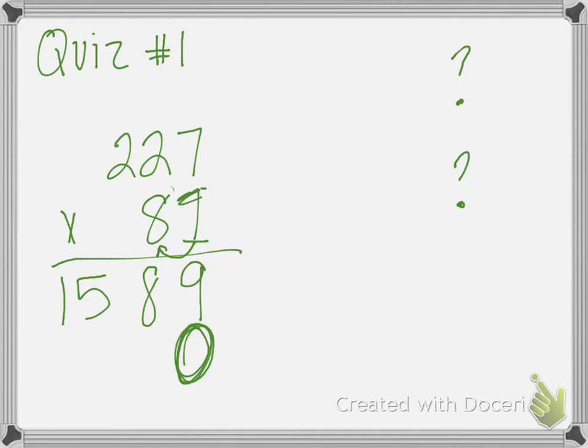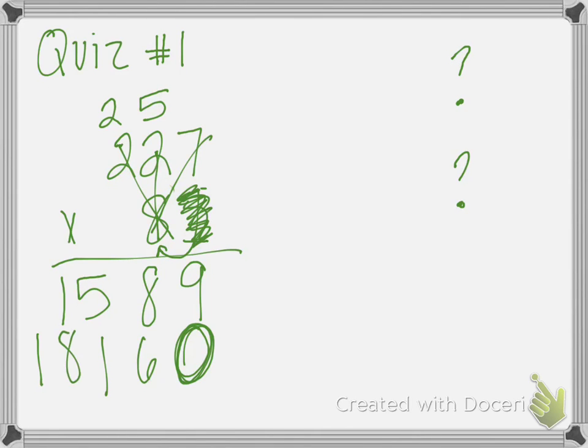If you want to cancel this 7 out, that's fine, because we don't have to look at them anymore. So 8 times 7 is 56, drop my 6, carry my 5. 8 times 2 is 16, plus 5 gives me 21, drop the 1, carry the 2. 8 times 2 is 16, plus 2, 18.